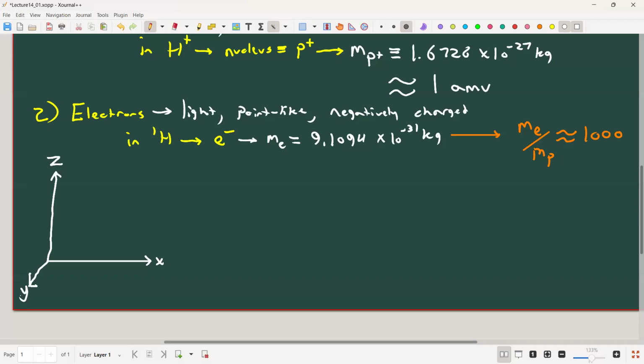And it's important for us to define a good axis system because hydrogen is a three-dimensional object. This is the first time in this class where we have motion in 3 dimensions. We've only so far looked at one-dimensional motion. On the homework, you looked at a 3D box. But here we really have to be 100% 3D. There is no 1D hydrogen atom. So we have to be in 3 dimensions.